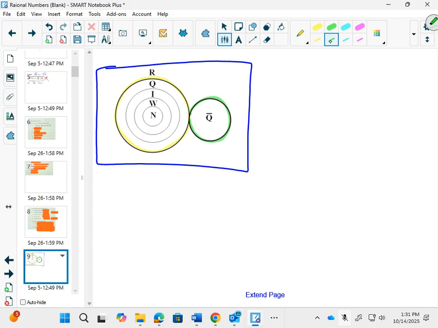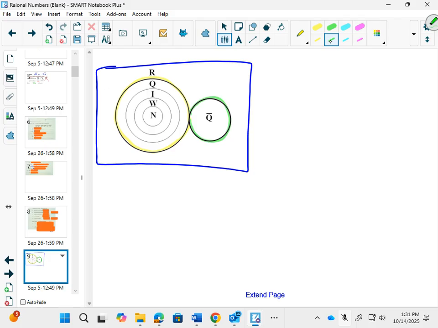The yellow circle is every number that can be written as a fraction. And in the yellow circle, there are some numbers that are only fractions. There are some numbers that are positive and negative whole numbers. There are some numbers that are just positive whole numbers, including 0. And then there's the natural numbers.